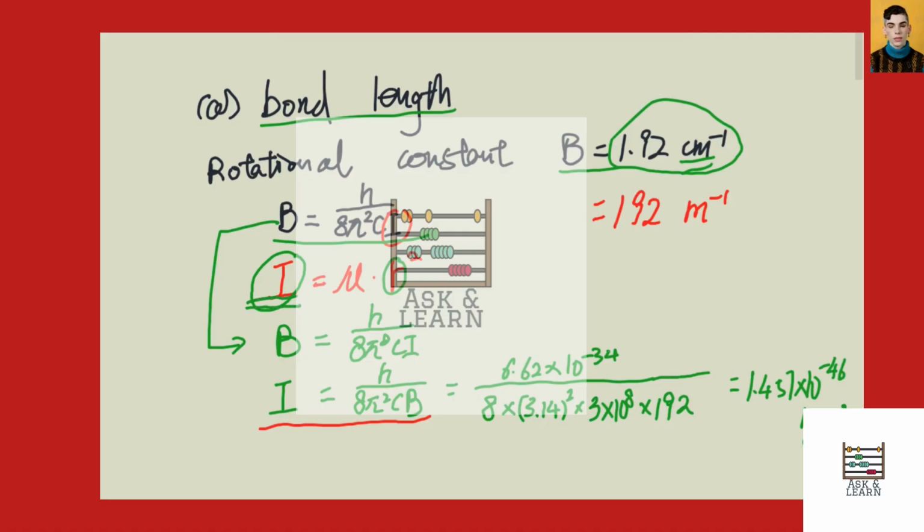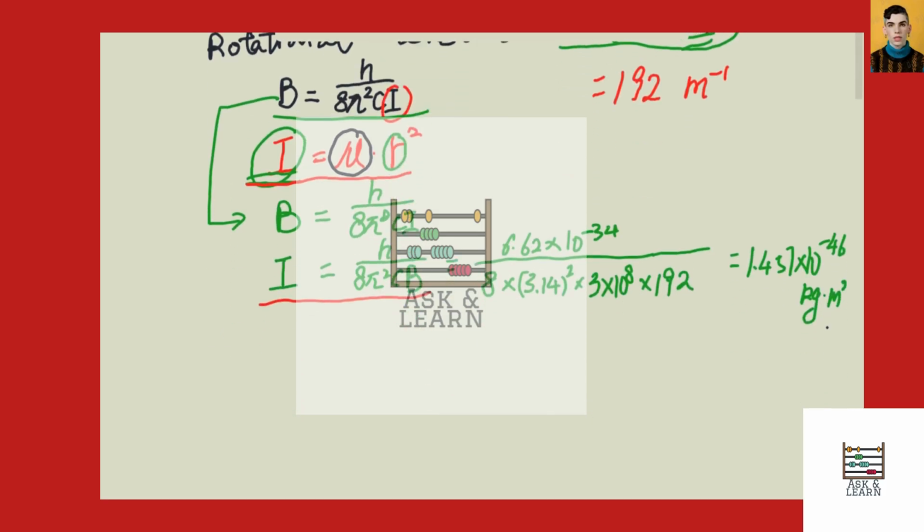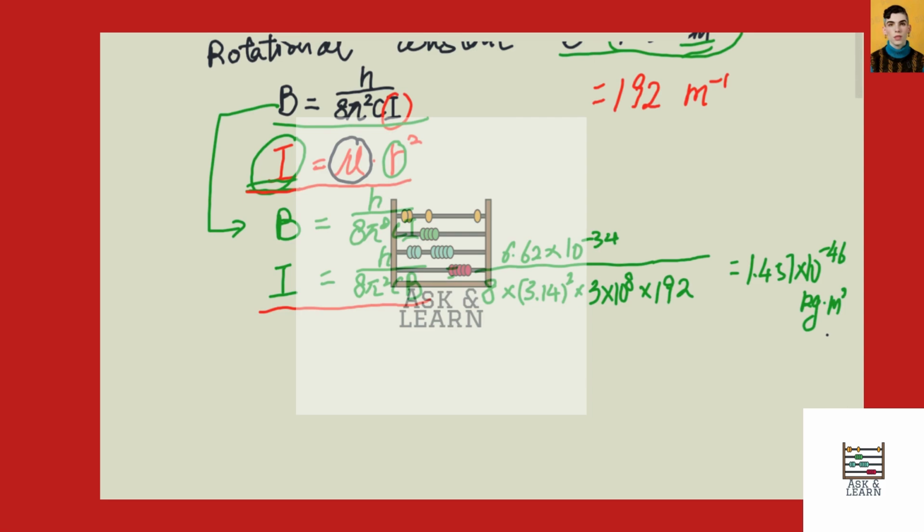And in order to calculate the bond length, another parameter we need to know is the reduced mass. So now we can calculate the reduced mass. The reduced mass, mu, equals, check the book, the multiplication of the two masses over the addition of the two masses, which here are two atoms. The first one is carbon, another one is oxygen.